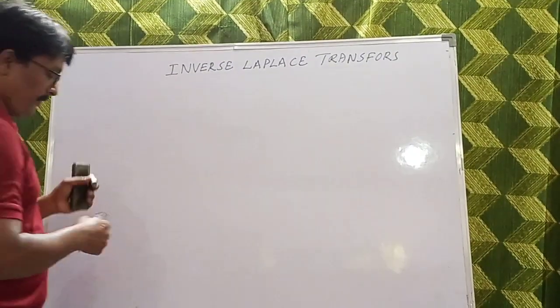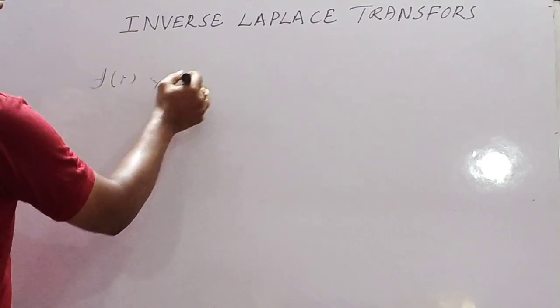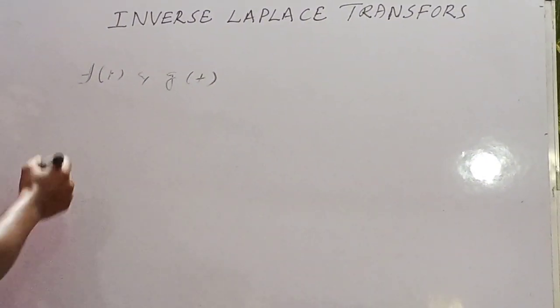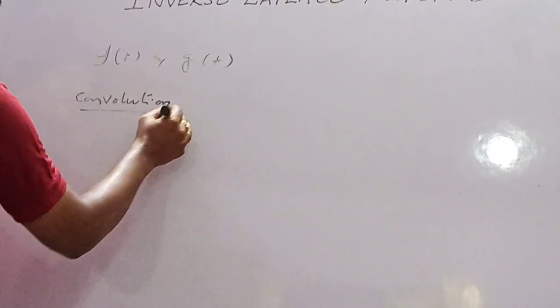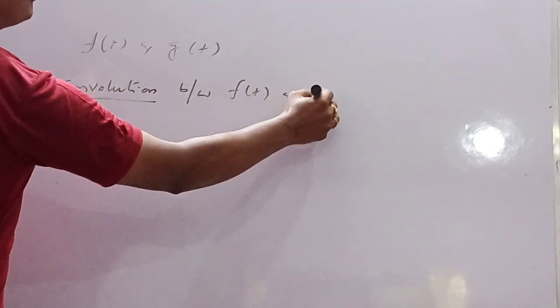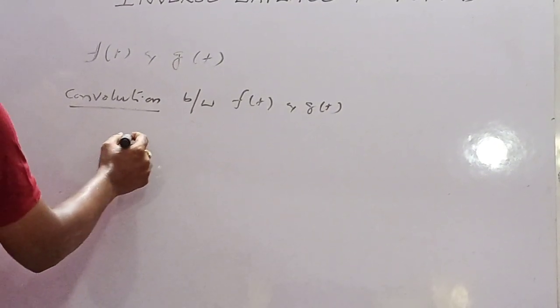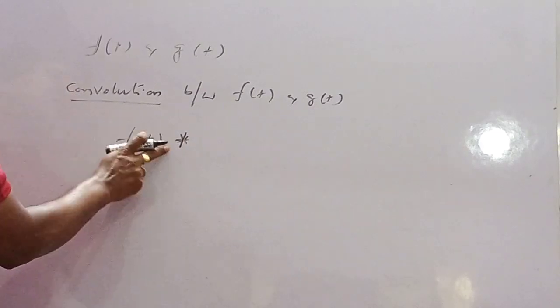Let f of t and g of t be two continuous functions. Then the convolution between f of t and g of t is defined by f of t star g of t, where star indicates a convolution.